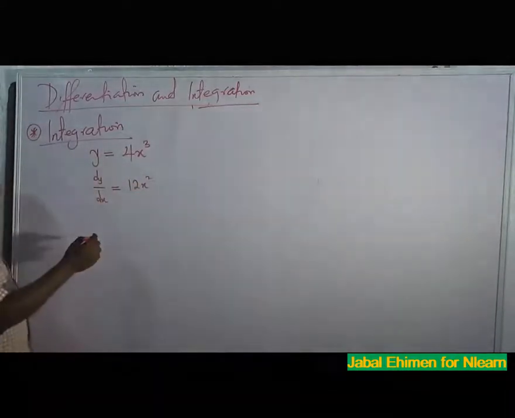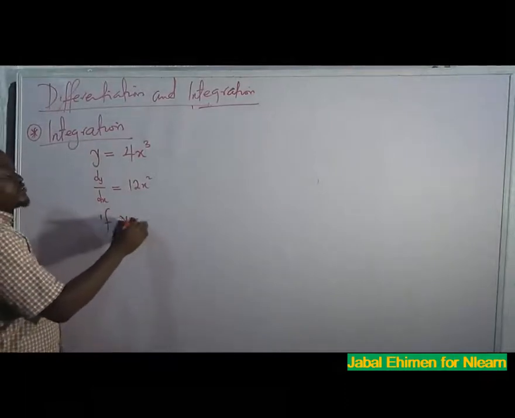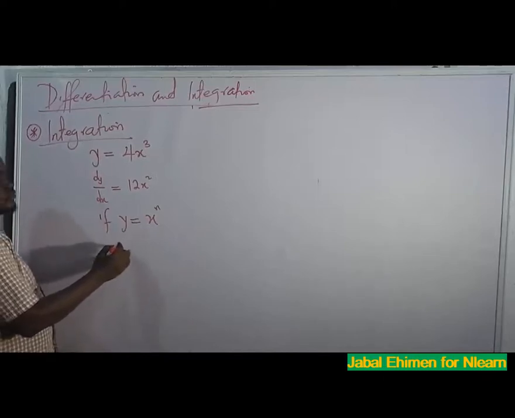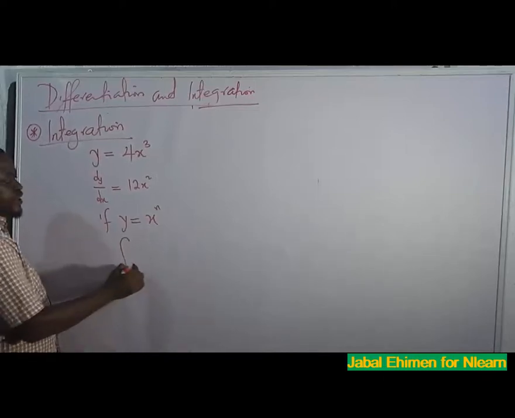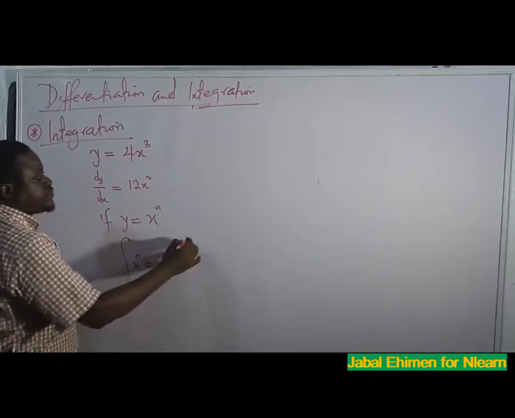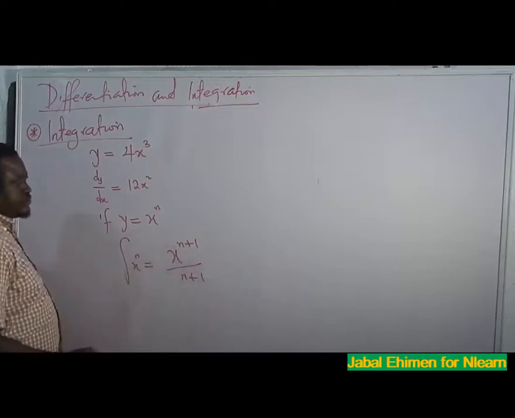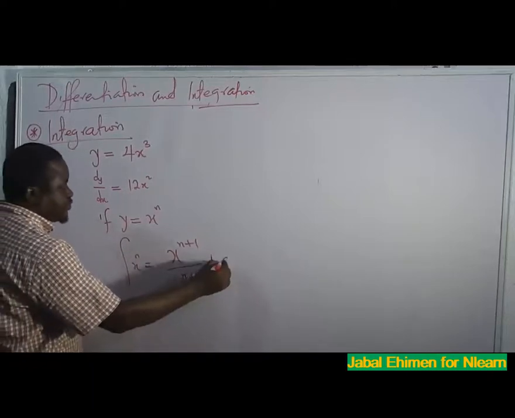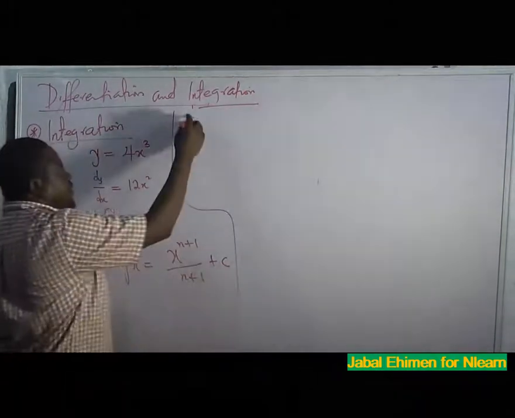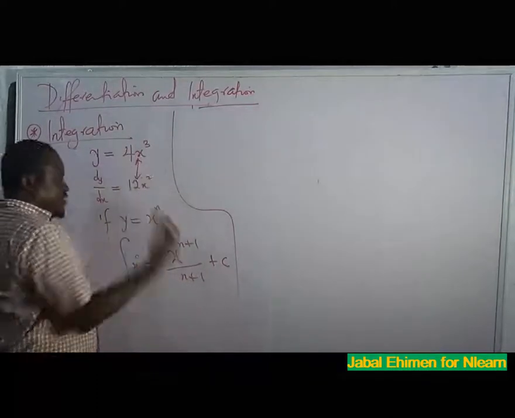But for me to do that, I will need to apply the fact that if y is equal to x^n, then the integral of x^n is equal to x^(n+1) over n+1, plus a value called c. Now, let's continue. From here, if I want to reverse this value back, it's easy.